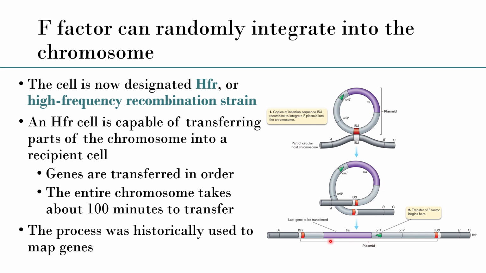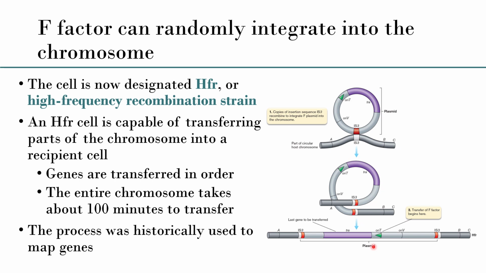So if it starts to conjugate and move over the chromosome, if we interrupt it after 5 minutes and gene A and B are transferred over, we know A and B are close to where that plasmid was. If we see lots of copies of A and B being transferred over, then we know that they came over quickly or closer to the F plasmid.